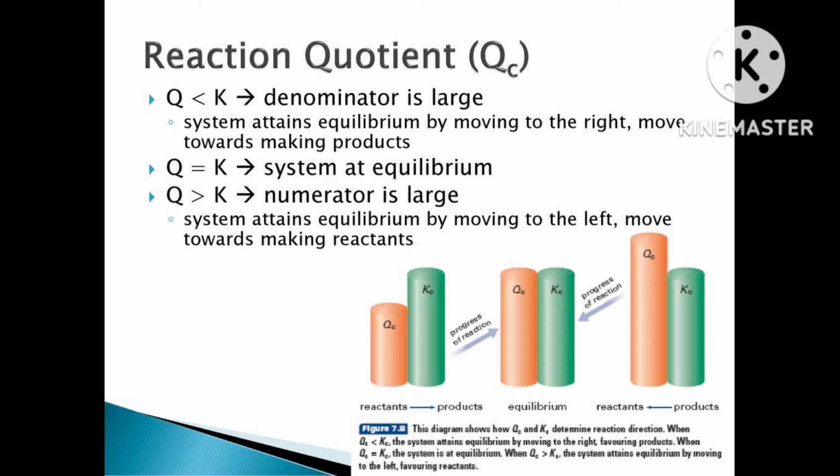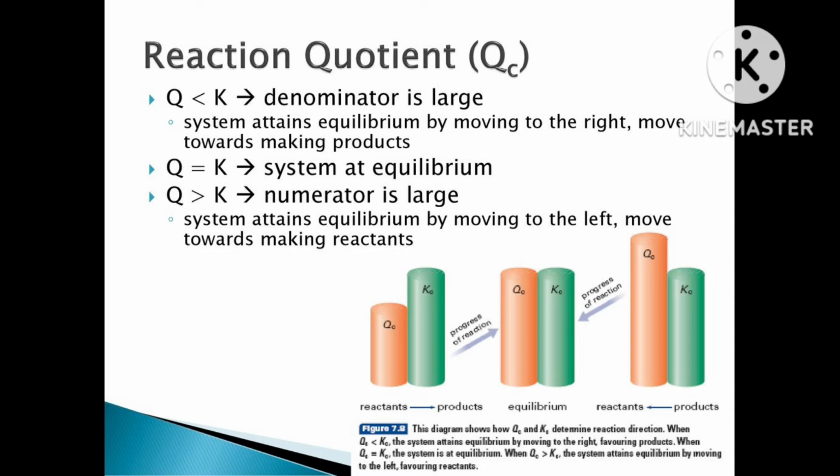Here products are B and C, so you write molar concentration of B into molar concentration of C, divided by the reactant side, which was 2A. 2A is giving B plus C.